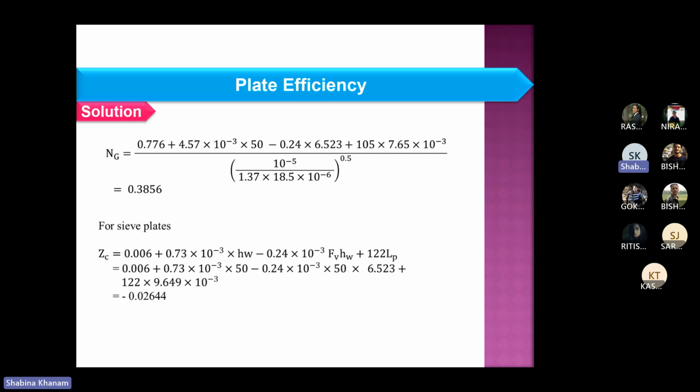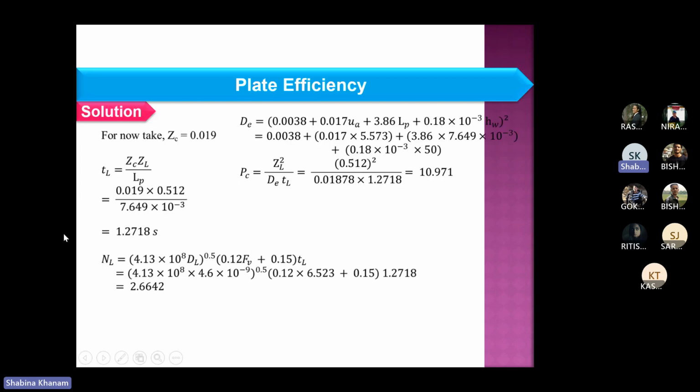It means some parameters we have defined in wrong way, and so this liquid hold up is coming as negative, though it cannot be. Liquid hold up should always be positive, okay, not negative. Okay, so here the problem becomes infeasible, so we cannot proceed with this value of ZC.